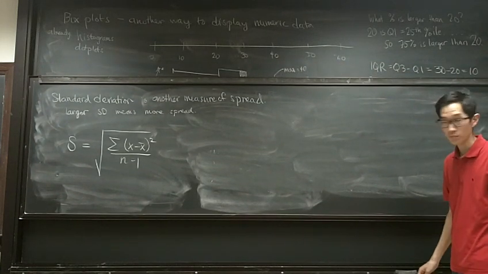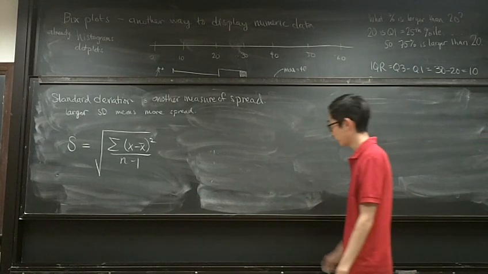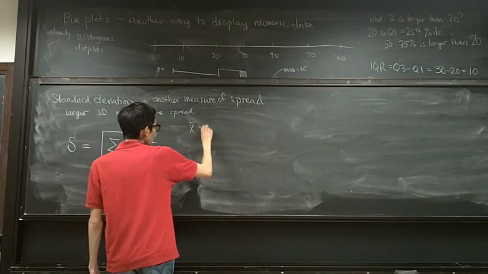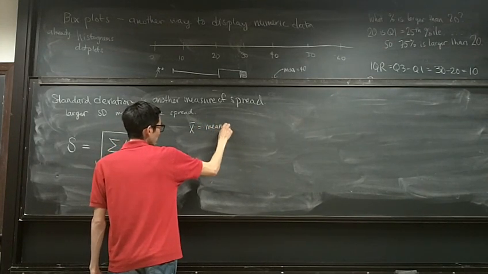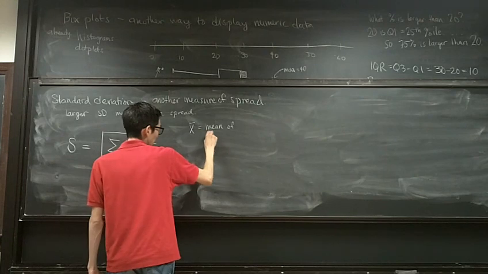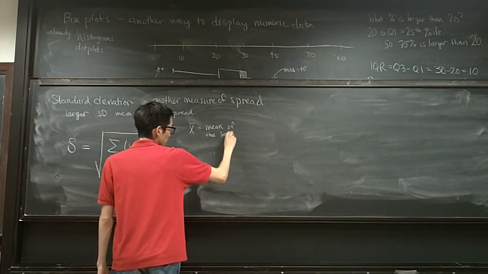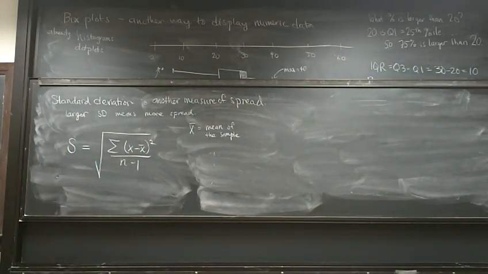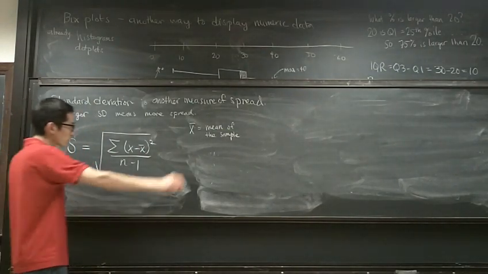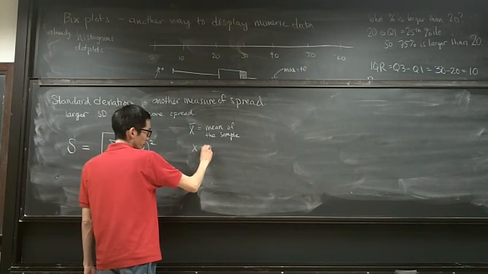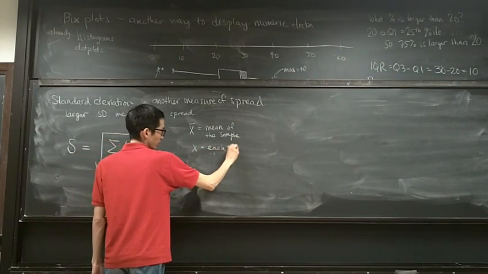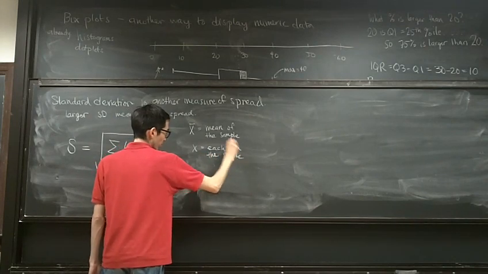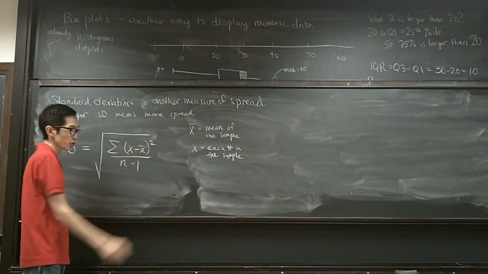Does it say x minus x? It says x minus x bar. x bar is equal to the mean of the sample. The sample is my set of numbers that I'm working with. So x bar is the mean of the sample. x is each number in the sample. The 2 is squared.